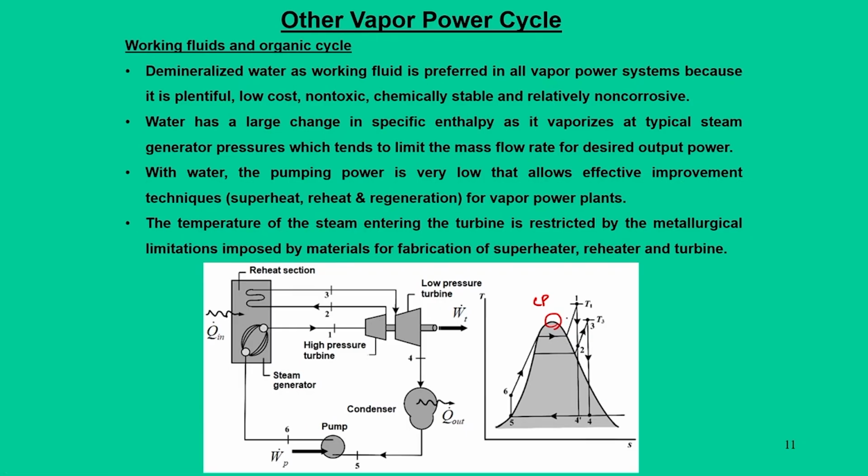So, we can keep on increasing the temperature till we reach the critical point, but that critical point also has restrictions on the type of material that is being used.